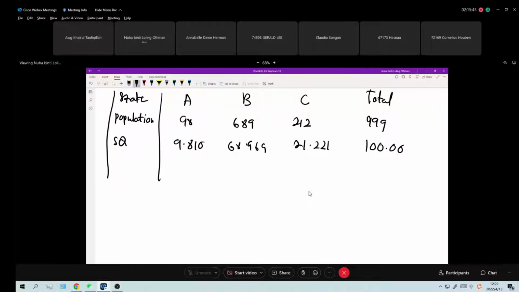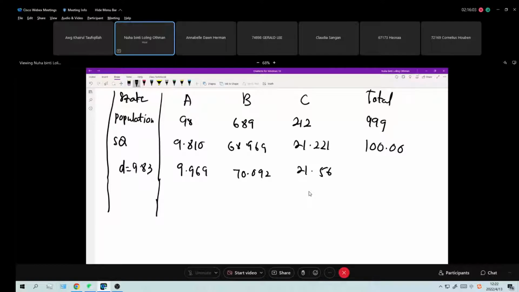Here the modified one with 9.83: this one is 9.969, this one is 70.092 and 21.567. And then the quota will be 9, 70, and 21. So 100.